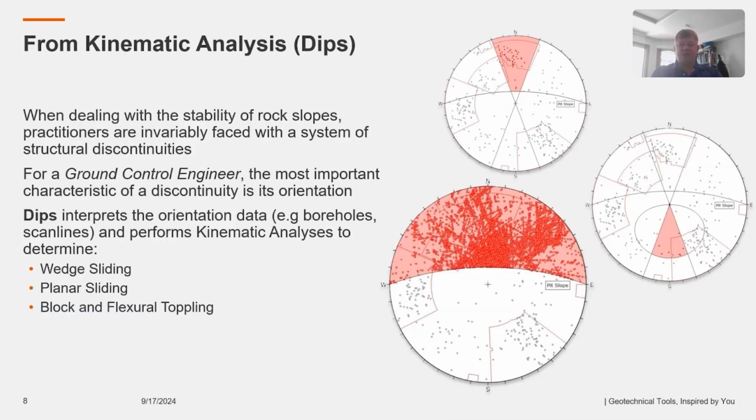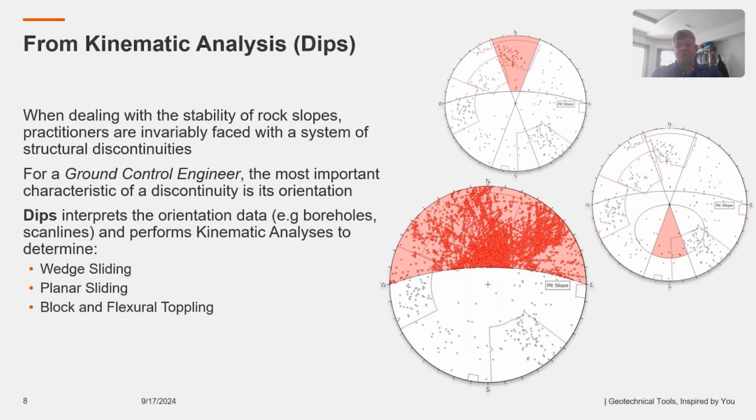Okay, let's talk a little bit about Dips, because the workflow that we imagine for RocSlope2 is where you first have a series of joint measurements. They're usually in Dips. They could be in another package, but you have a list of joints, and you first do a kinematic analysis with Dips, which, if you're dealing with stability of rock slopes, obviously structural discontinuities are a major influencing factor for how the slope fails.